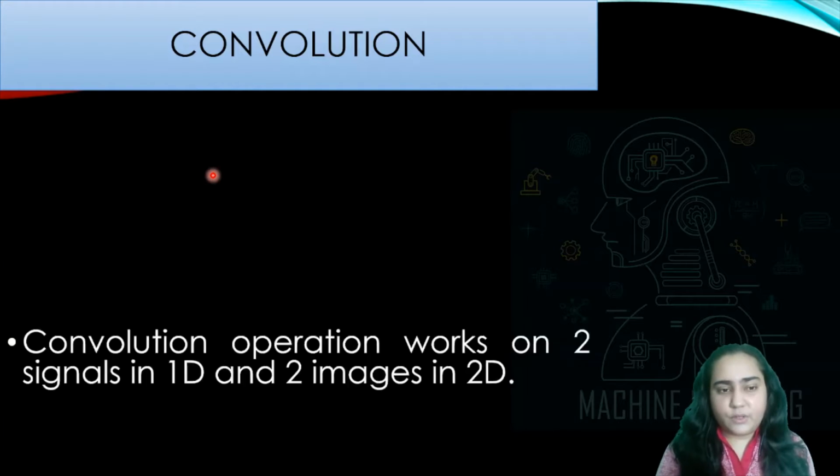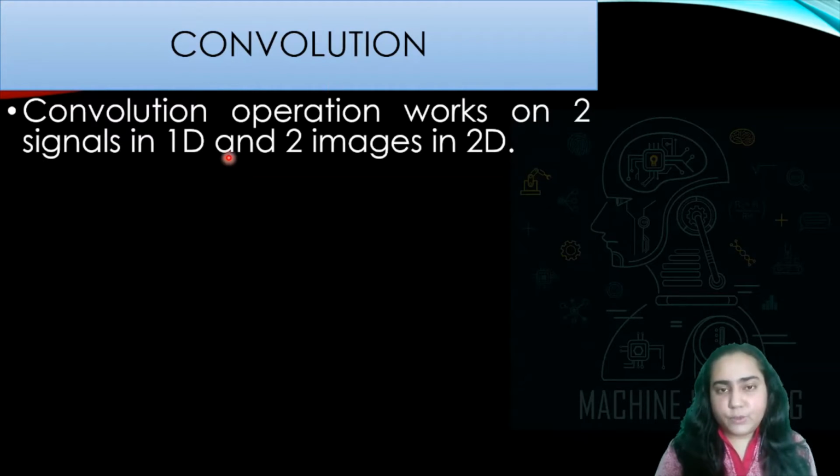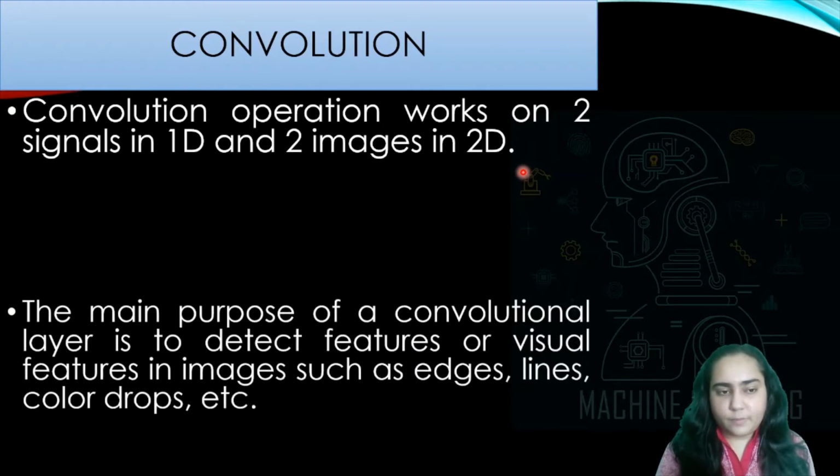Let's talk about convolution. So convolution operation works on two signals in 1D and two images in 2D. Okay, so two signals in 1D, and 1D is one dimension, and two images in 2D, which are two dimensions, because images are represented in the form of a matrix.